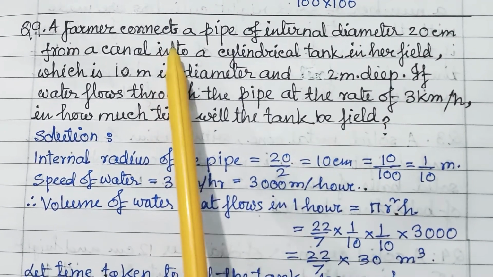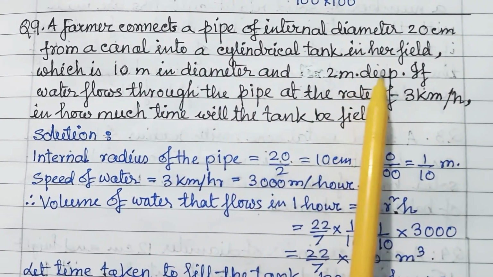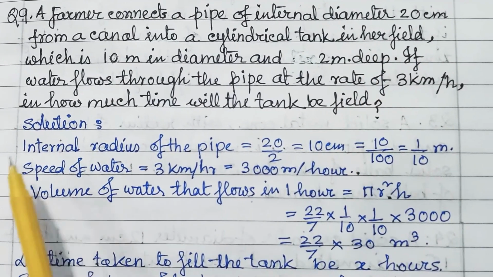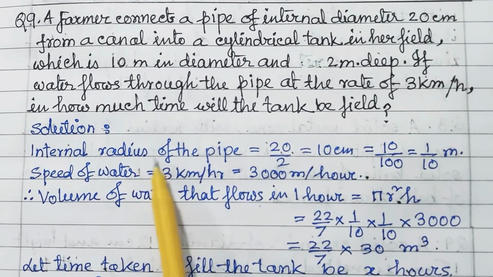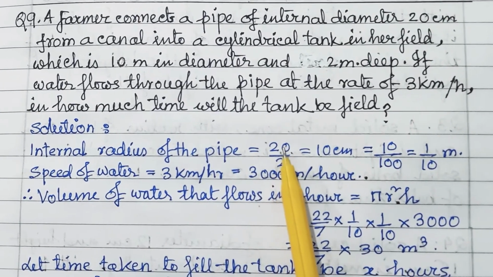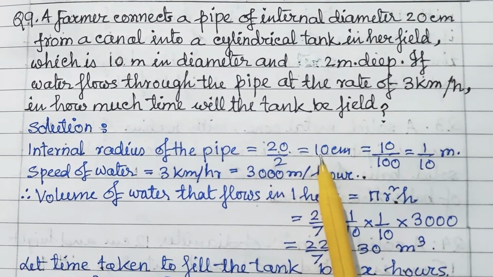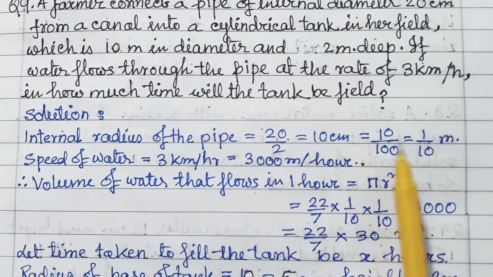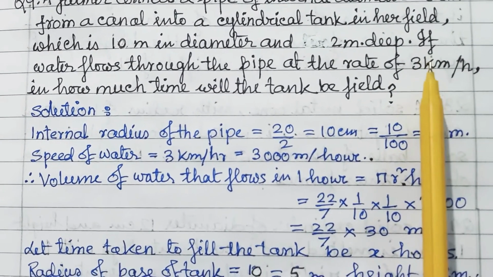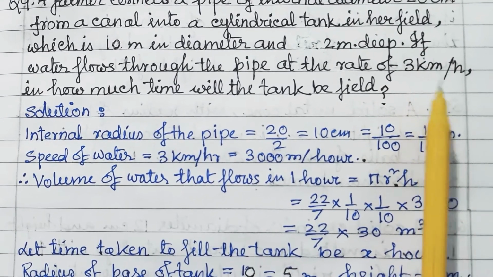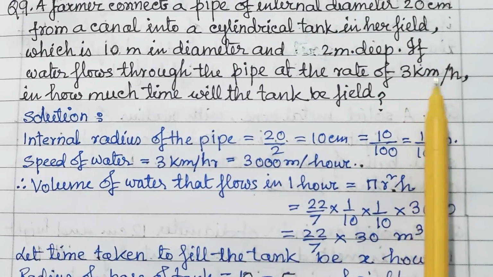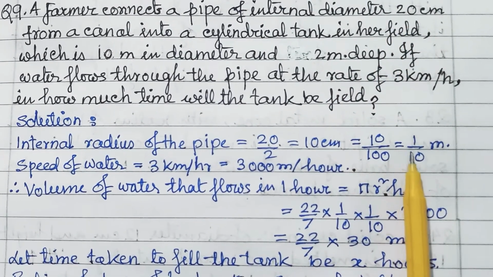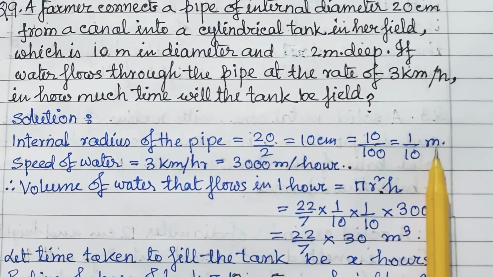That means the water from the pipe will collect in the cylindrical tank. So the internal radius of the pipe is 20 upon 2, that is 10 centimeter. We have to change it into meter, so it is 1 upon 10 meter.